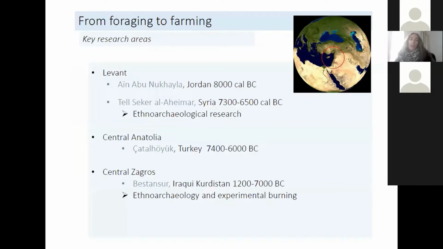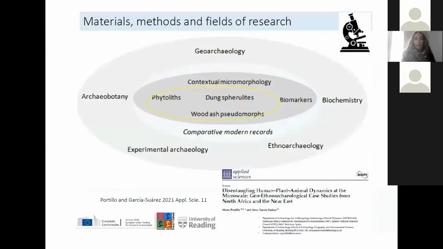Of course, in central Anatolia, here the site Çatalhöyük, and also examples from the central Zagros, from Iraqi Kurdistan, with also some examples on ethnoarchaeological and experimental research.